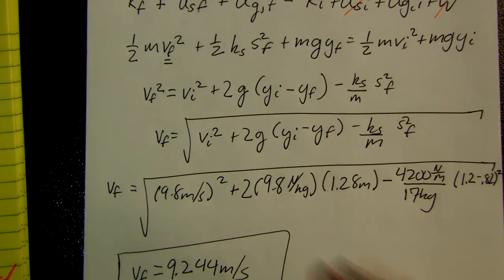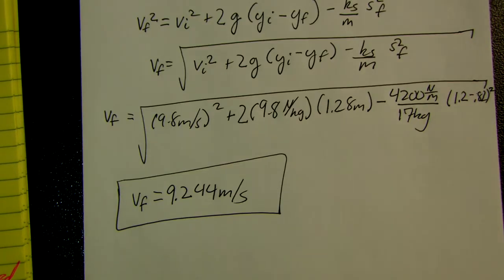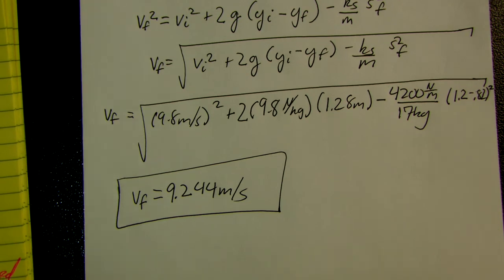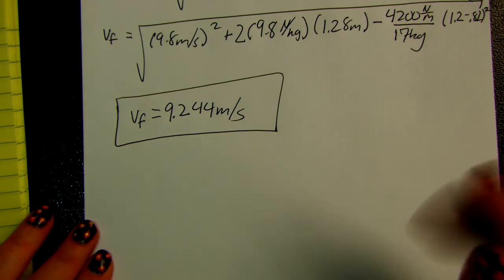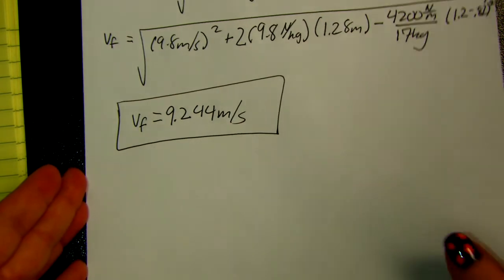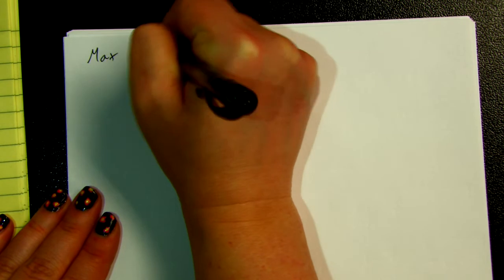There you go. Okay, so the next thing we want to find is the maximum height. So I'll go ahead and use a new sheet of paper. So what is the max height? If we go back to our initial setup, we know that the block is going to come down.